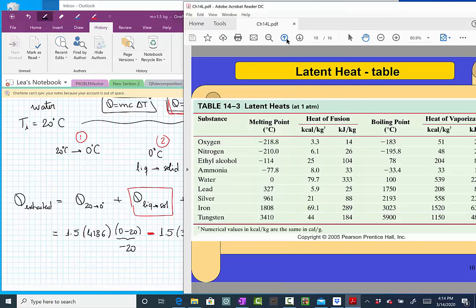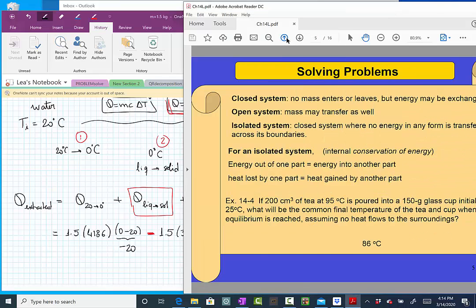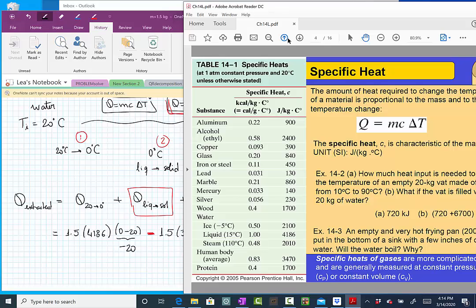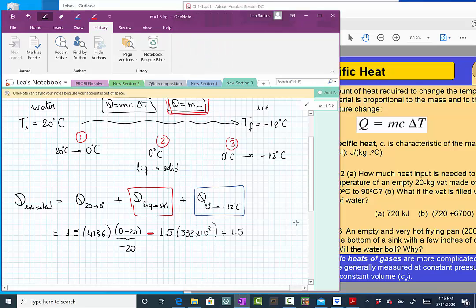Let's go back to our table for the specific heats. Here is the region for water. This is liquid, the one we used before, but we don't have liquid anymore. Now we have ice, and so we have to put 2100 joule per kilogram Celsius. Be very careful, and I'm going to put this in red so you pay attention. The specific heat now is 2100 because now we have ice.